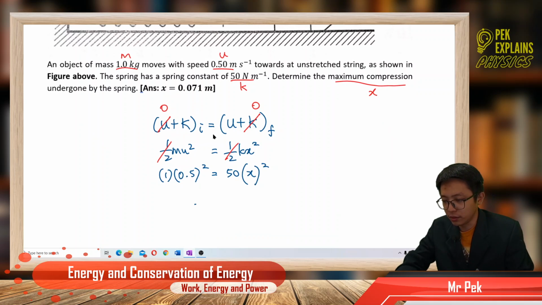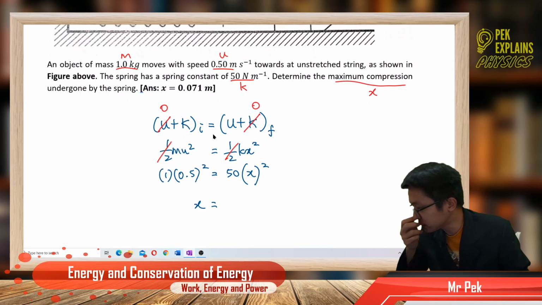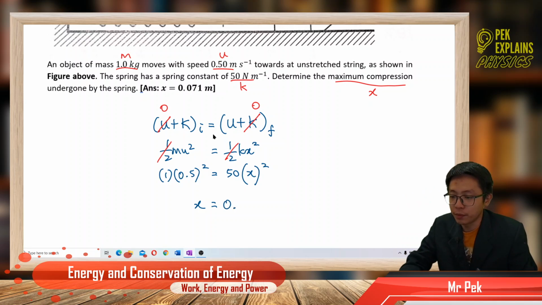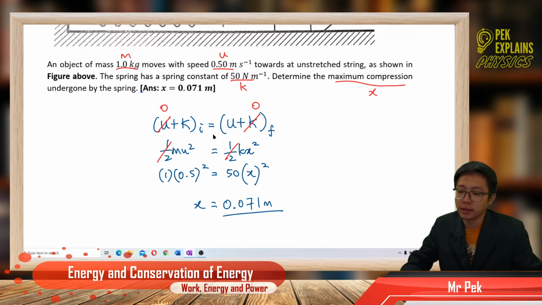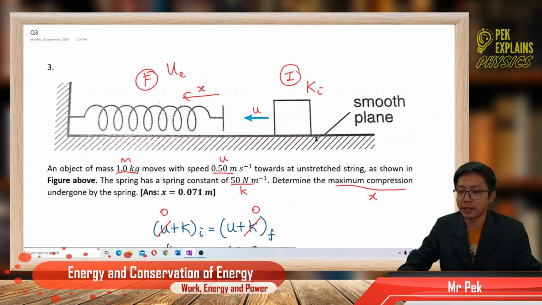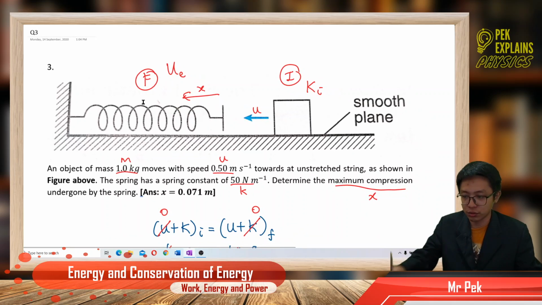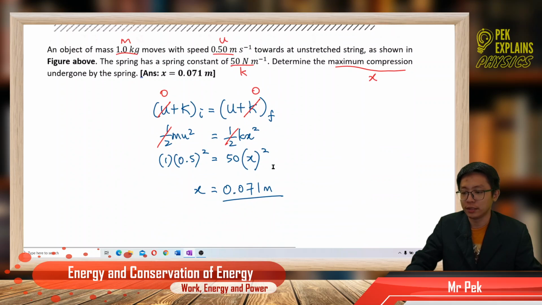So let's solve it, and we got the answer, 0.071 meter. That's our compression in the spring. So the kinetic energy of the block changed to elastic potential energy in the spring. That's it for this question.